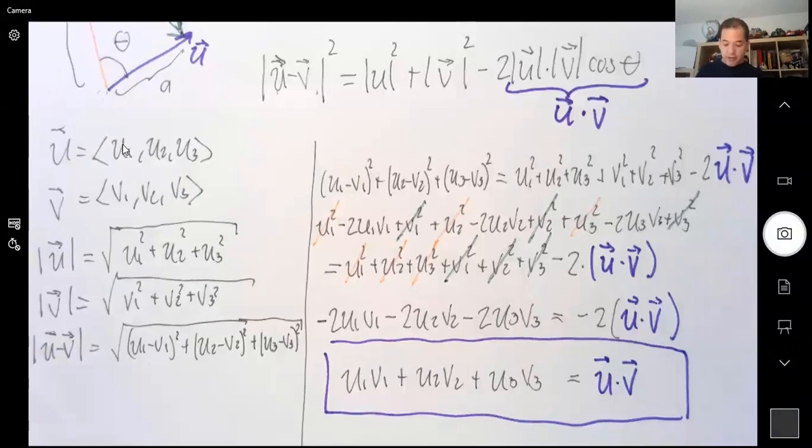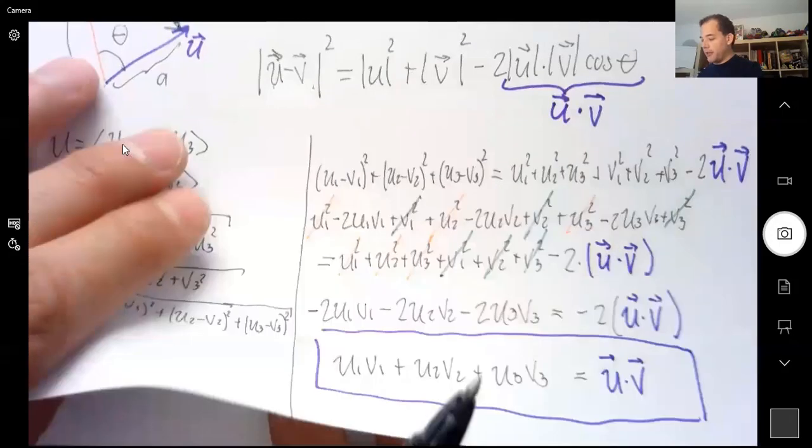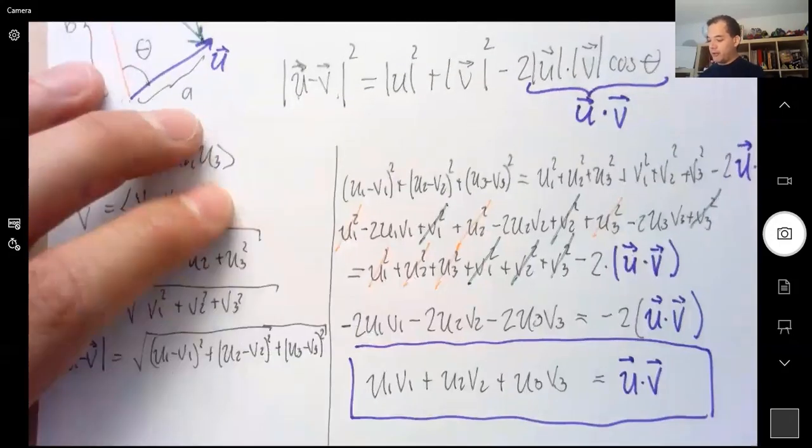Yes? So now this gives you a brand new way of figuring out the dot product, and one that does not depend on the cosine of the angle, right? In fact, we could use this to get now the cosine of the angle, right? Because what is it that we have now? Let's put it over here.